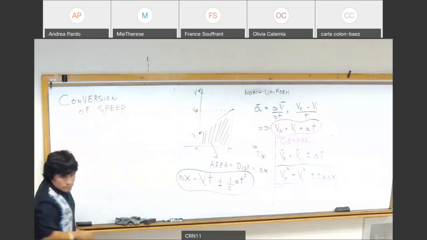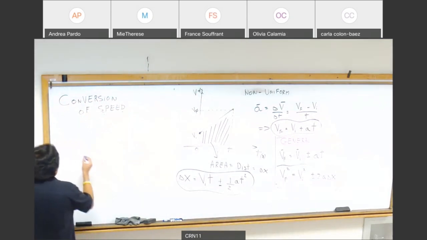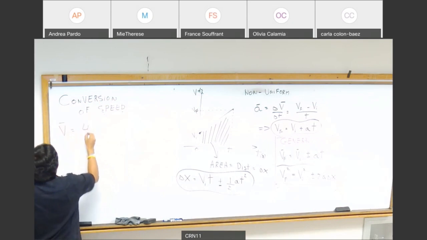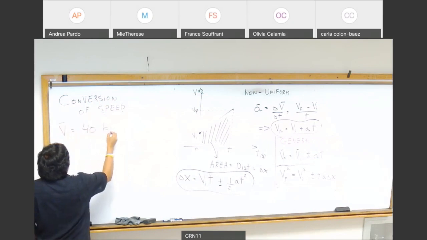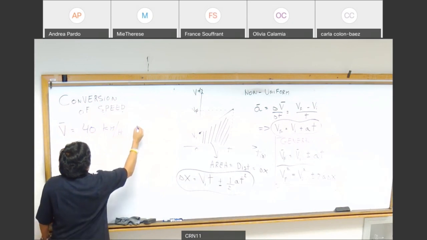So let's say I give you the velocity of an object, 40 kilometers per hour on the positive y direction.